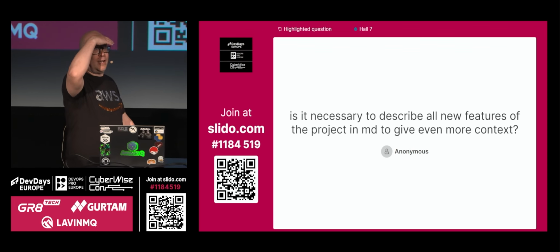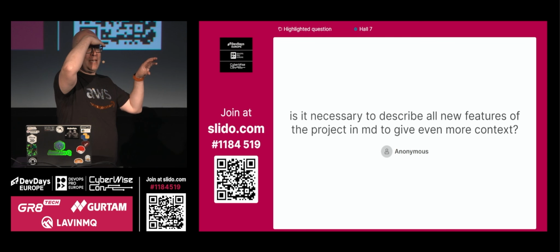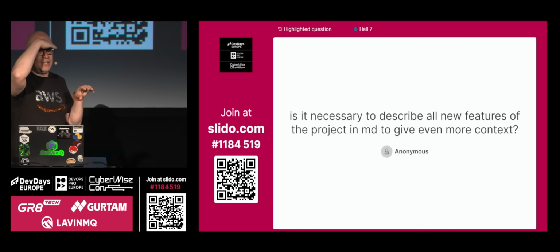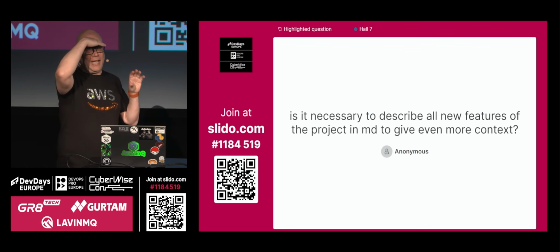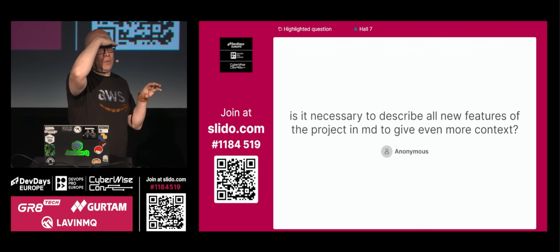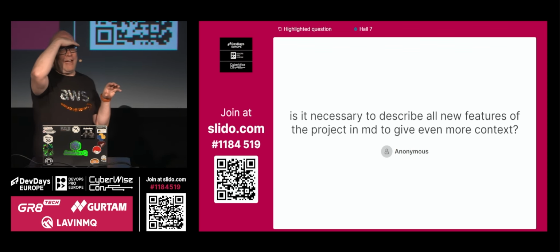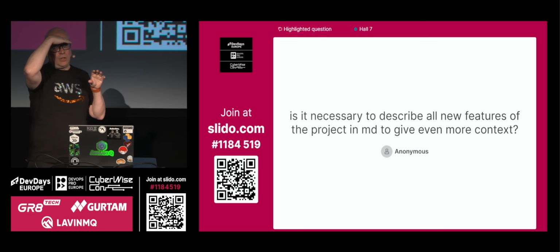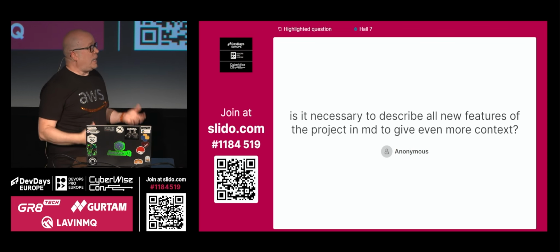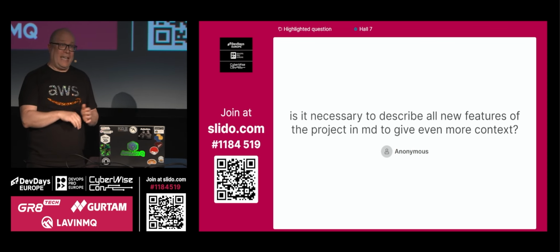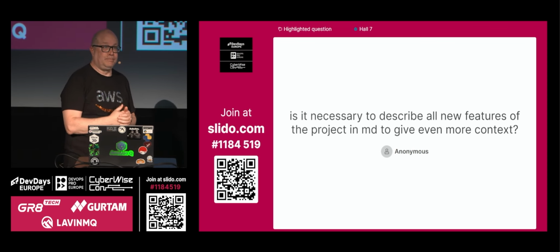You have to guide it to look in certain spaces. If you don't do that, it does normally do a good job at working it out, but it's variable. So the more you can help it understand what the integration points with that existing code base are, the better. So yes, you'd put that into the Markdown document.